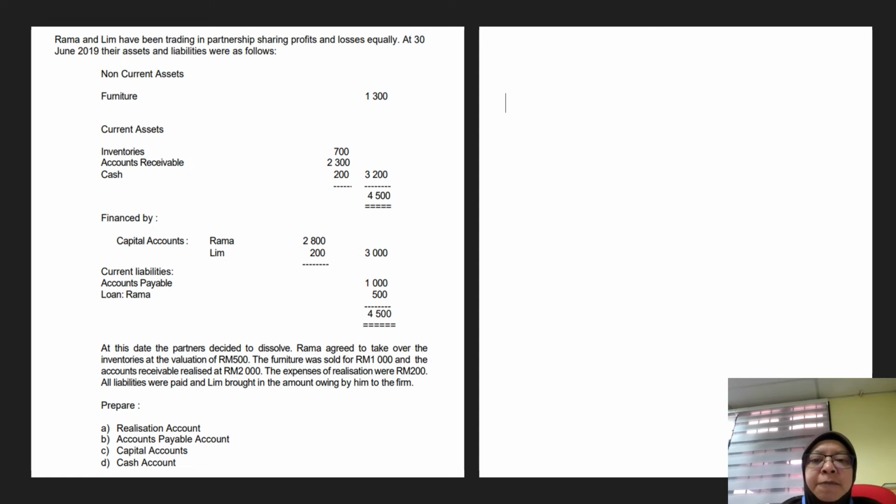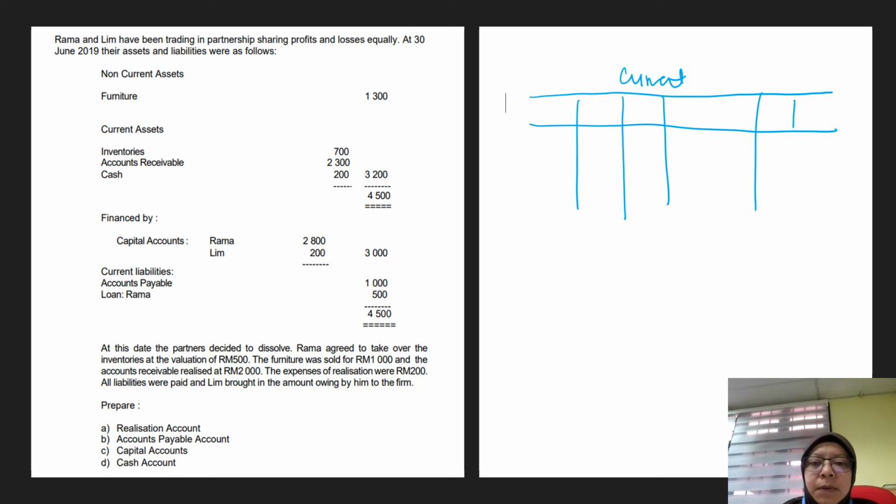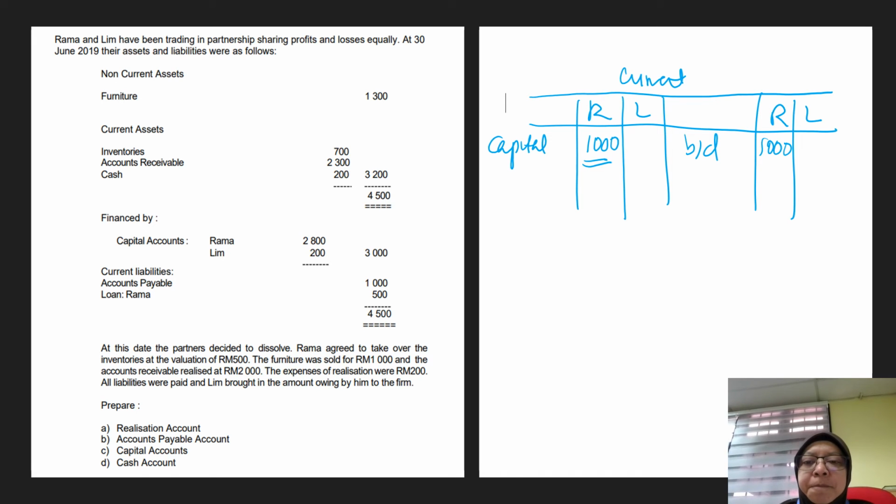Okay, suppose you have a current account. For this one, we don't have any current account. So suppose we have Rama and Lim. Let's say the balancing figure for Rama is 1000, so we will close by transferring to the capital account for Rama with that amount, 1000.